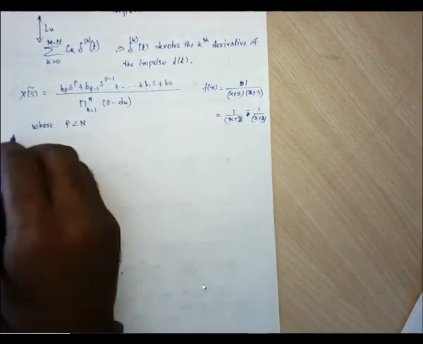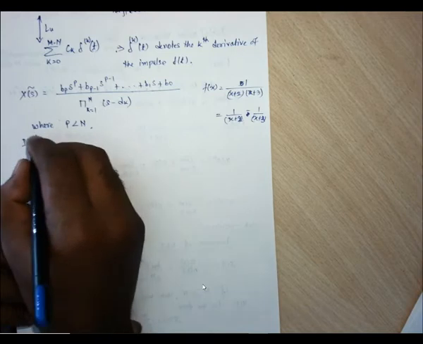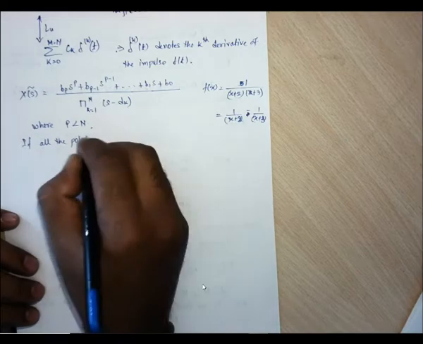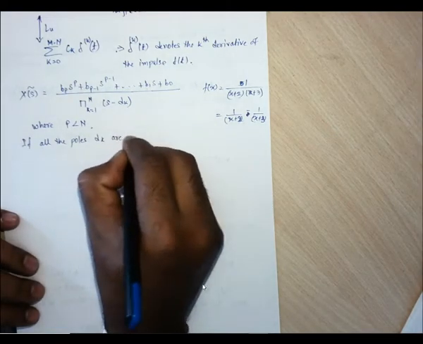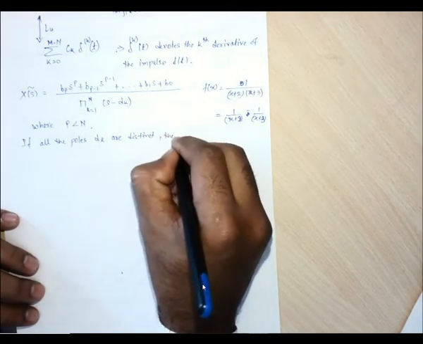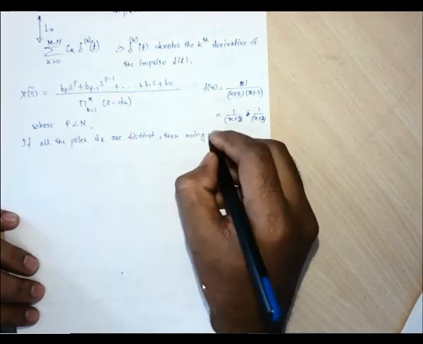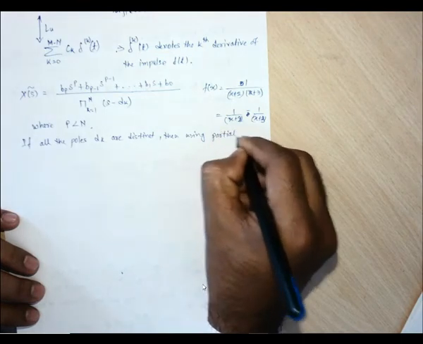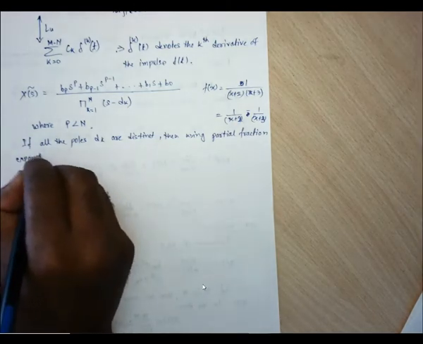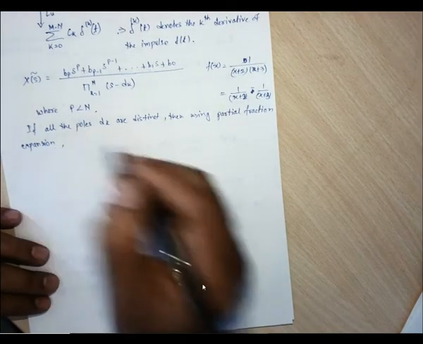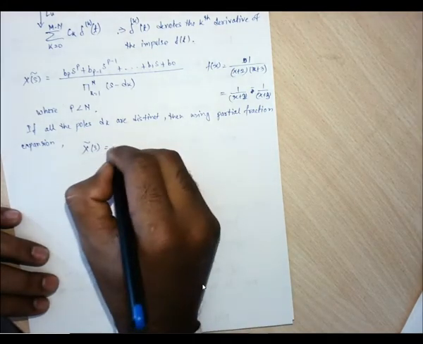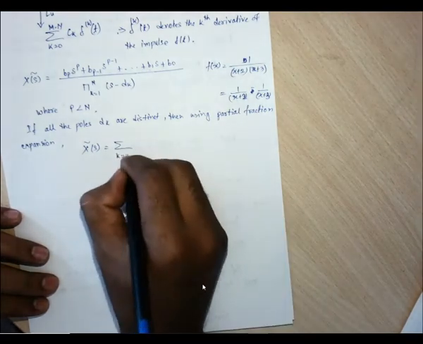So that is what it is saying, that if all the poles dk are distinct, then using partial fraction expansion, this new Xs can be written as the summation of k equals 1 to n.